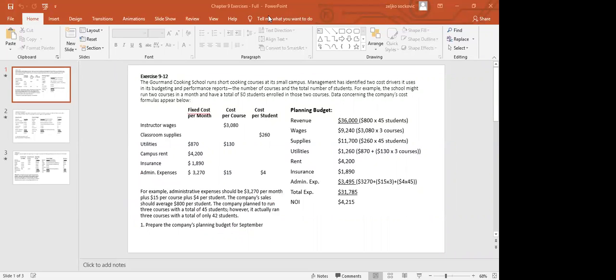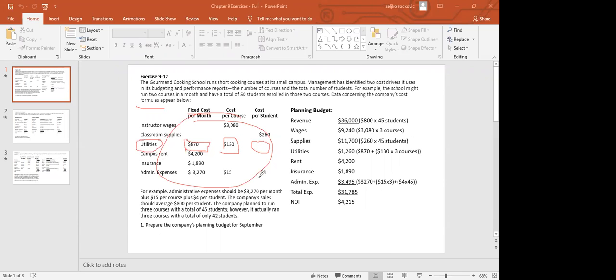But what we do need from the planning budget is this. These are the functions, right? These are how much the utilities cost, planning budget. It says here formulas. That's what the textbook authors are calling it, formulas. You can call it formulas, equations, functions, whatever you want to call it. Basically, these are the functions given in a planning budget: $870 fixed plus $130 per course, and nothing per student, because these are utilities.